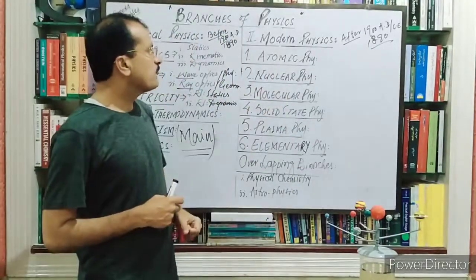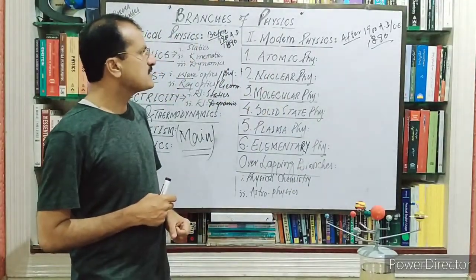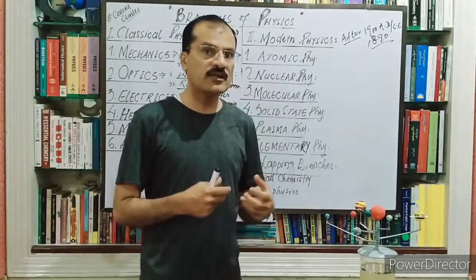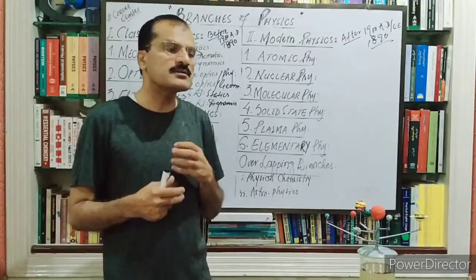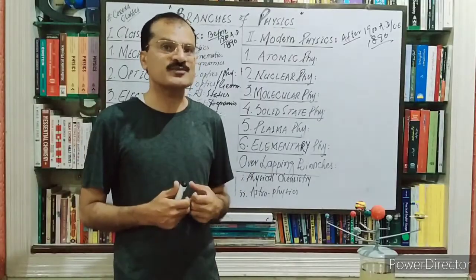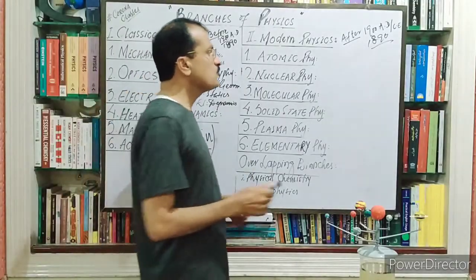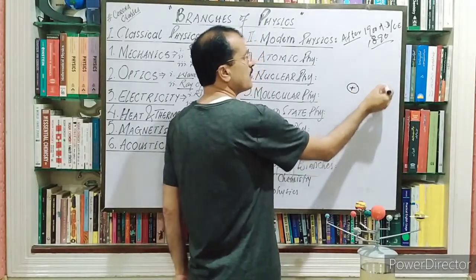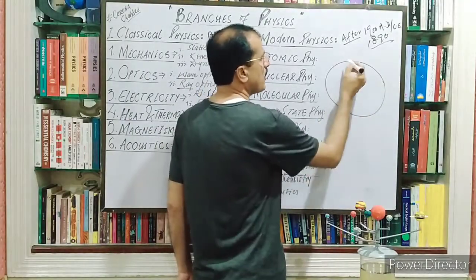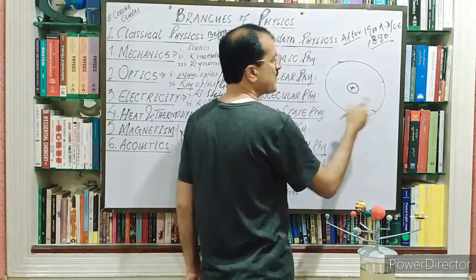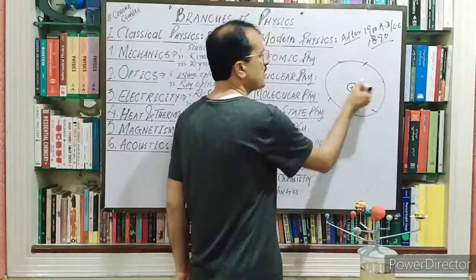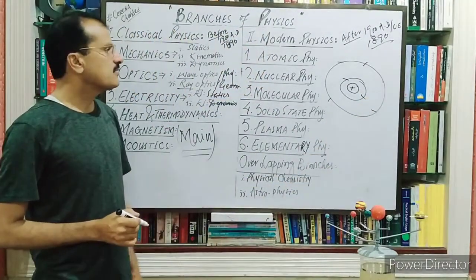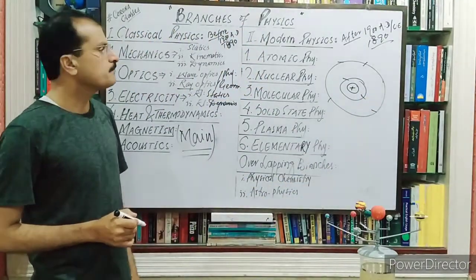Okay, come to the first branch of modern physics, known as atomic physics. From the name it is clear, it is related to the study of atoms. As you know, always imagine that there is a nucleus and an extra-nuclear part, in which electrons are revolving. That is the atomic model.